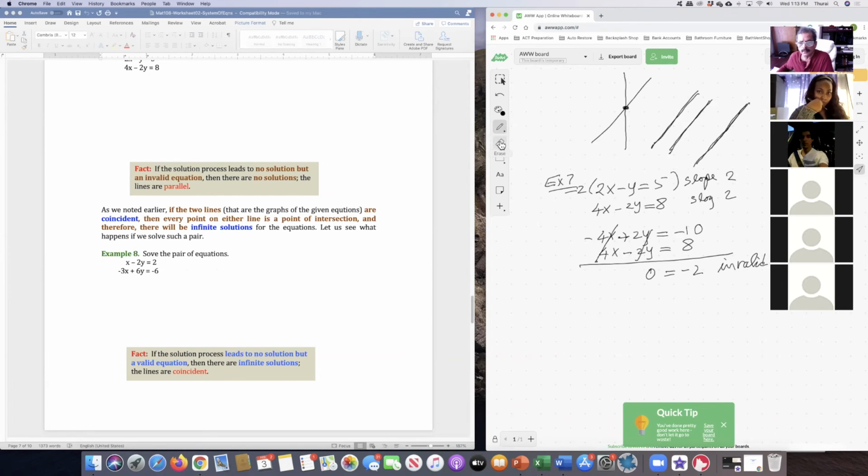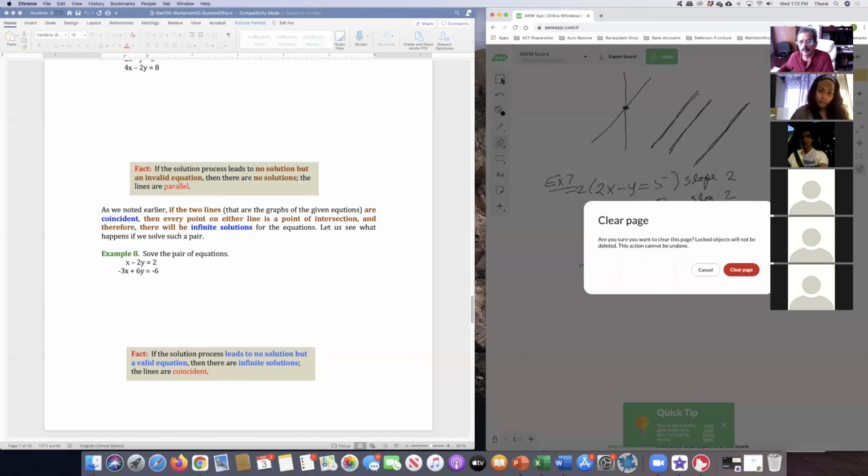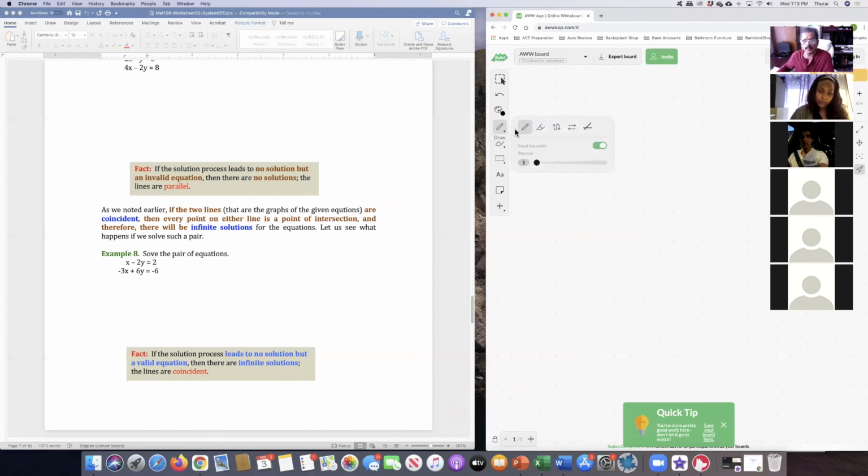Okay, so let's clear this board. Our question is, what will happen if we solve a system of equations that represents coincident lines? x minus 2y equal to 2 and minus 3x plus 6y equal to minus 6.